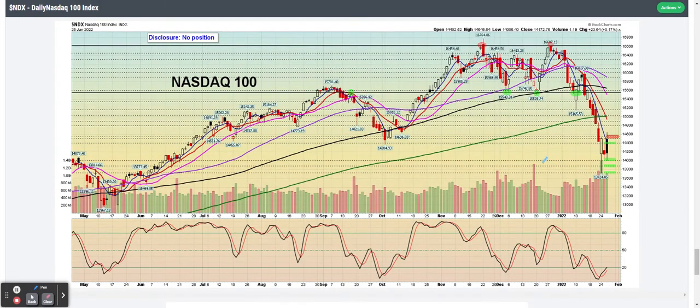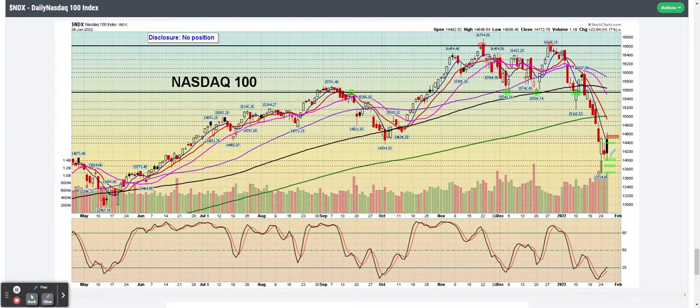Let's now move on to the NASDAQ 100. The NASDAQ 100, a similar intraday pattern, gapped higher, pushed higher, big reversal and closed below the 5-day moving average. Found resistance up here. This has been a pivot point for the last few months. Levels that I'll be watching tomorrow will be the same, where you see those green zones should be support.